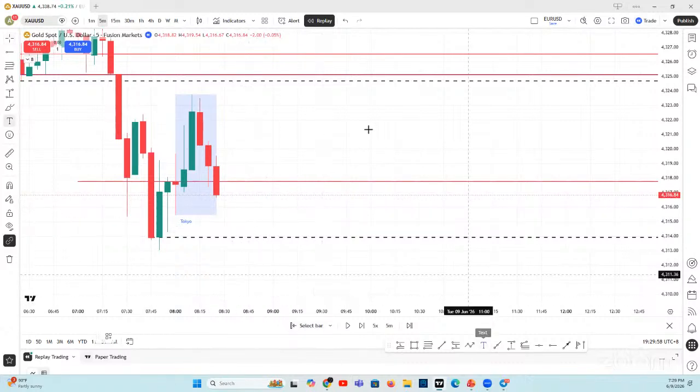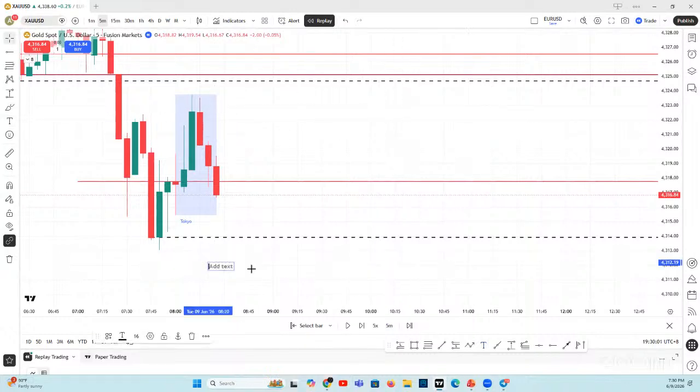the strategy is like this, guys. You need a rejection. Okay, rejection of the level. The higher time frame, the better. Okay, so if you will follow H4, you must have a rejection on the H4.